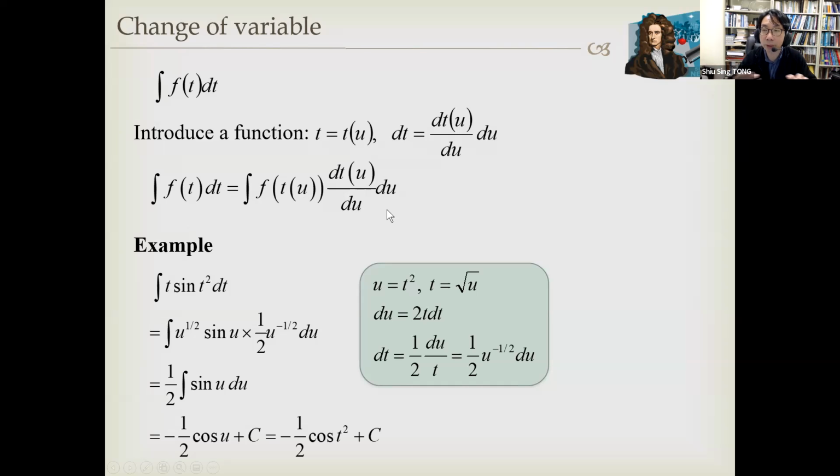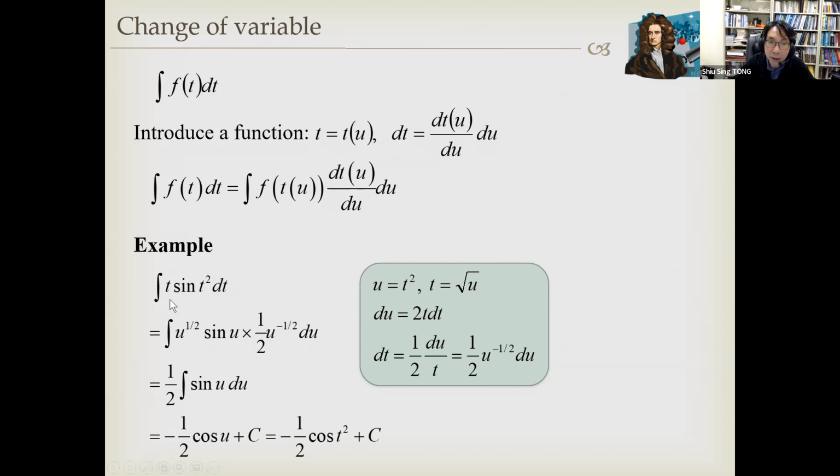So in the whole expression, the t totally disappears, and I'm left with an integral over u. Hopefully, if I have a careful choice of this function, I would be able to simplify this integral, and so the integral over u can be evaluated.